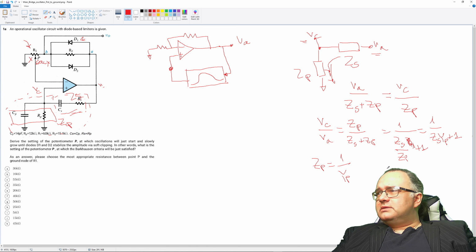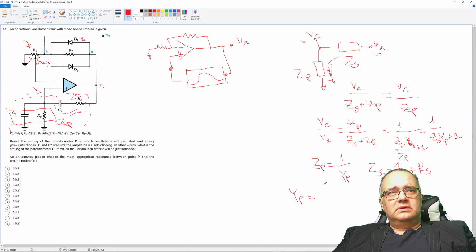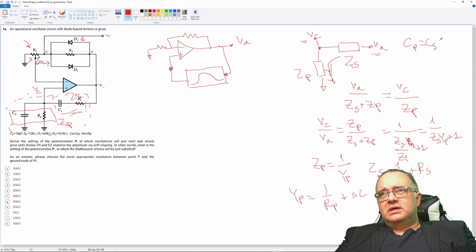Now we can expand. Here we have that ZS is simply 1 over SC plus RS, while YP, I'll just write it here, is the conductance 1 over RP plus SC, where we say that CP equals CS equals simply C and RP equals RS equals R.